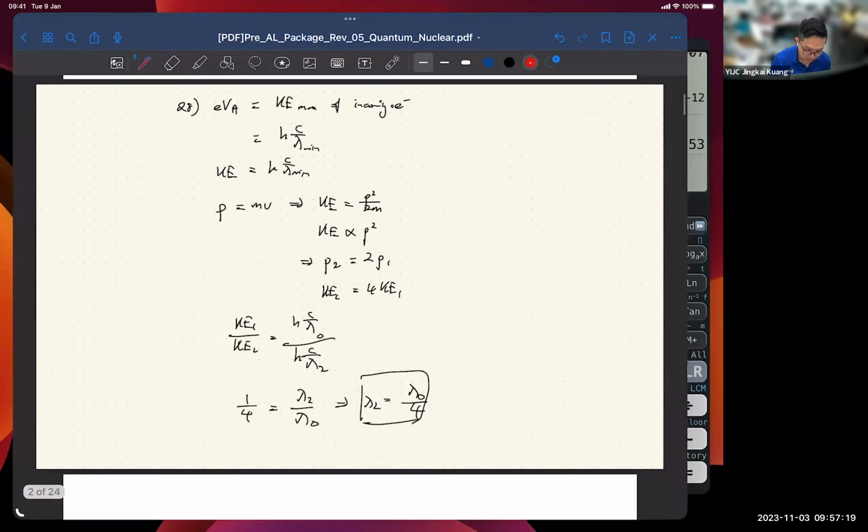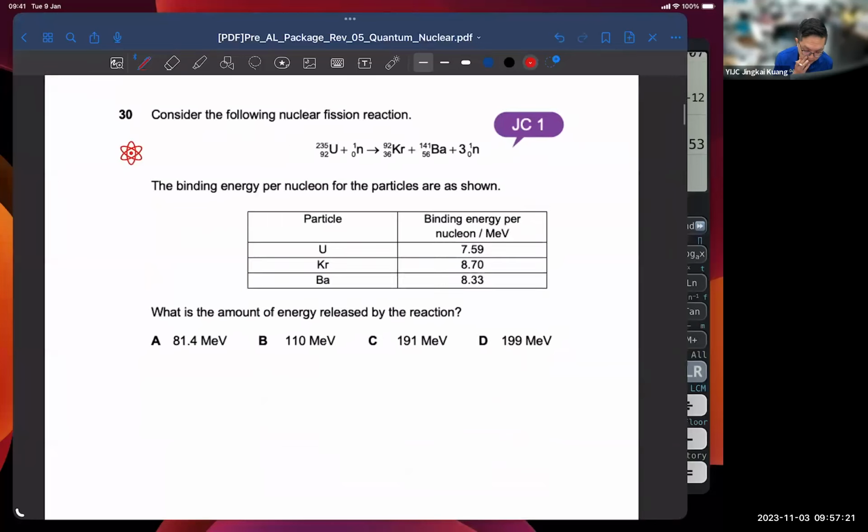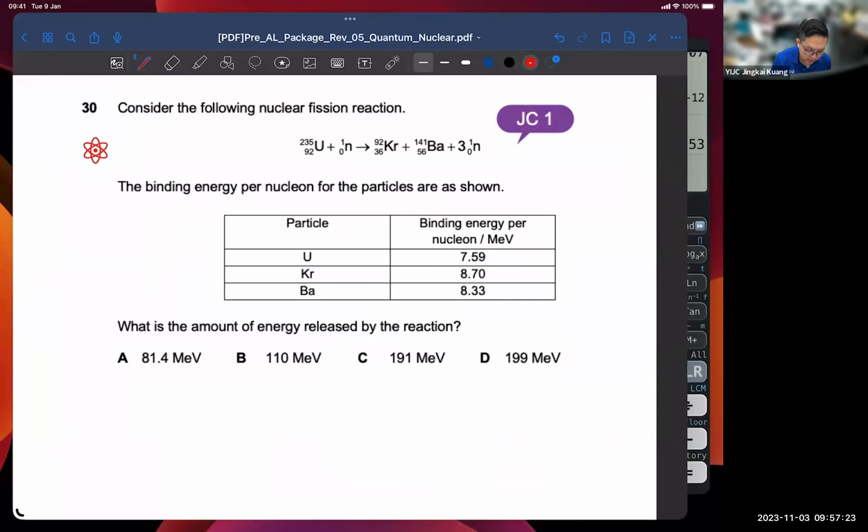Nuclear fission reaction. You are given this reaction, where you have uranium absorbing one neutron. This one neutron coming in will convert this uranium-235 to become uranium-236. There's an intermediate process here we never write about, which is uranium-236.